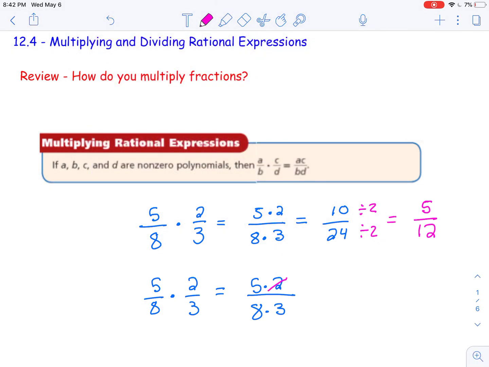So we could say, well, I can simplify the 2 with the 8. That gives me 4. I'm going to still get a final answer of 5/12. So some people like to simplify before they multiply. Some people like to simplify after. We're going to use this idea when we are multiplying rational expressions.